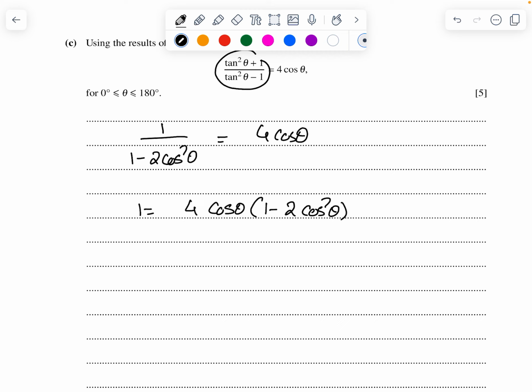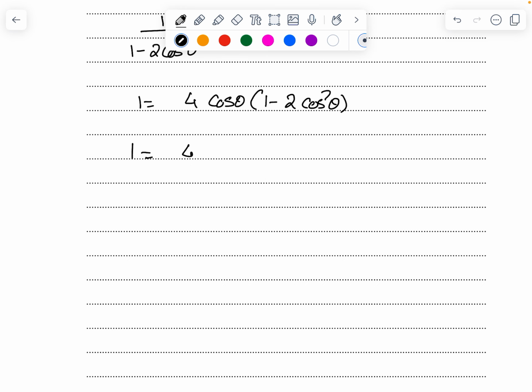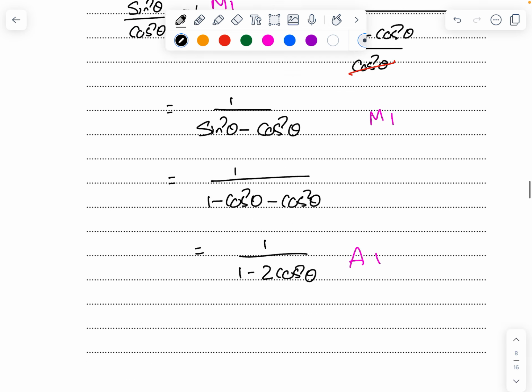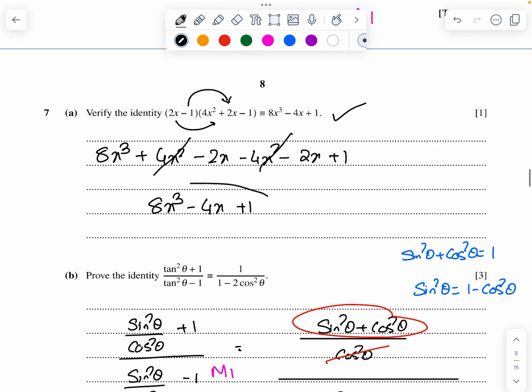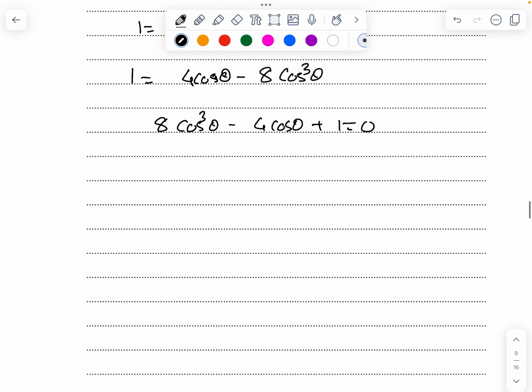I got it like that. Then I expand it out. 1 equals to 4 cos theta minus 8 cos cube theta. Bring all the terms on one side. 8 cos cube theta minus 4 cos theta plus 1 equals to 0. We can see that it is the same as this, 8x cube minus 4x plus 1, where x is cos theta.